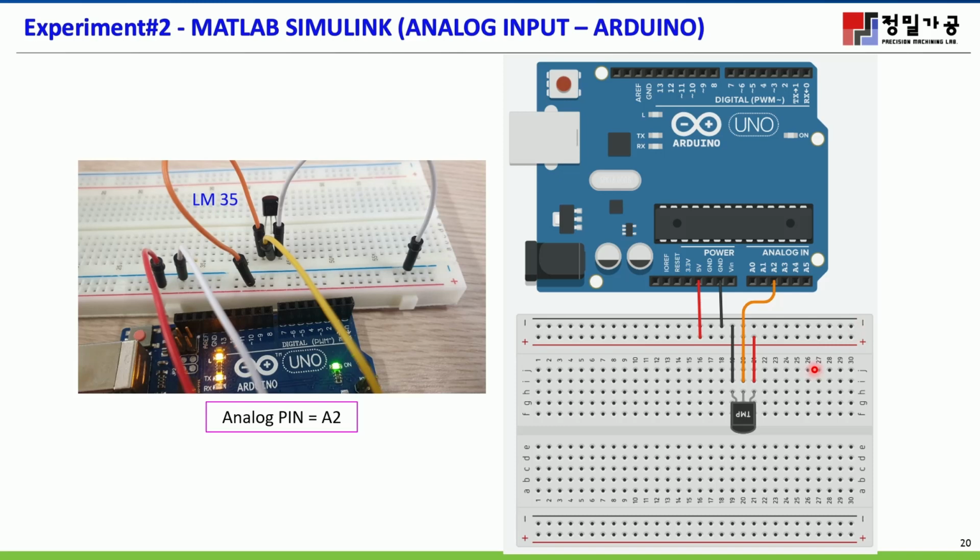From the schematic diagram, you can see clearly that analog pin 2 is connected to the middle of the temperature sensor, the right side is positive, and the negative connects to the ground respectively.